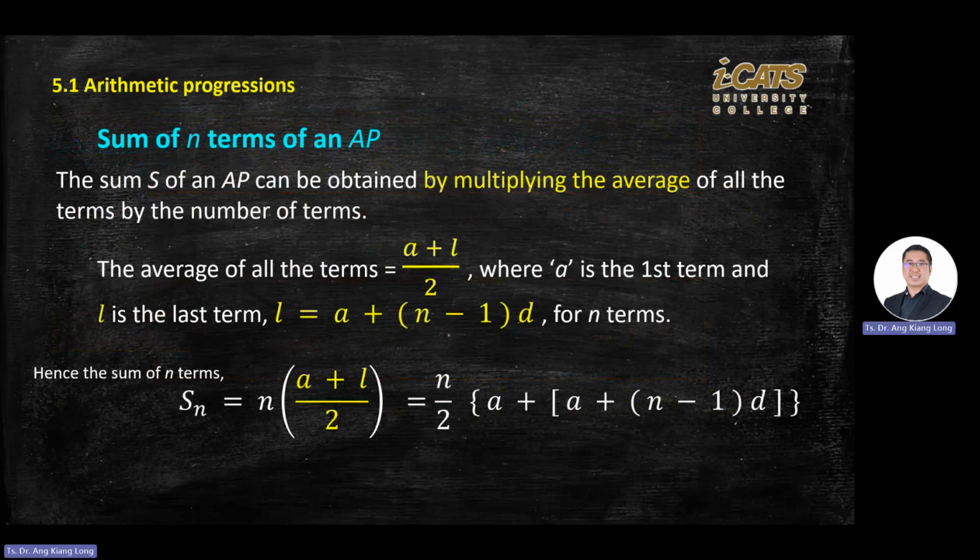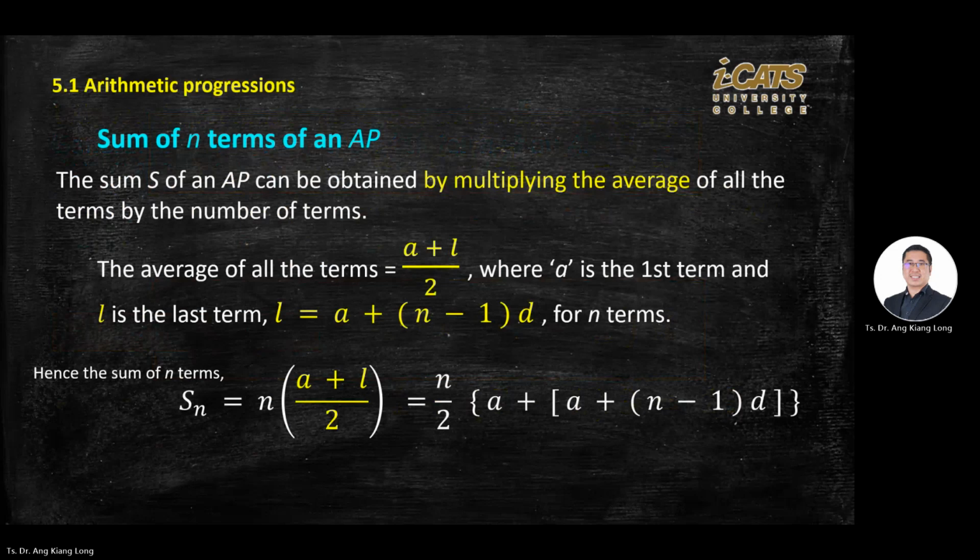So the second equation, which is the sum Sn in arithmetic, will be n(A plus L) divided by 2, or it depends on the question. You can expand this one into n/2 of A plus A plus (n minus 1) d. Okay, so this is the second equation that you need to memorize for AP.